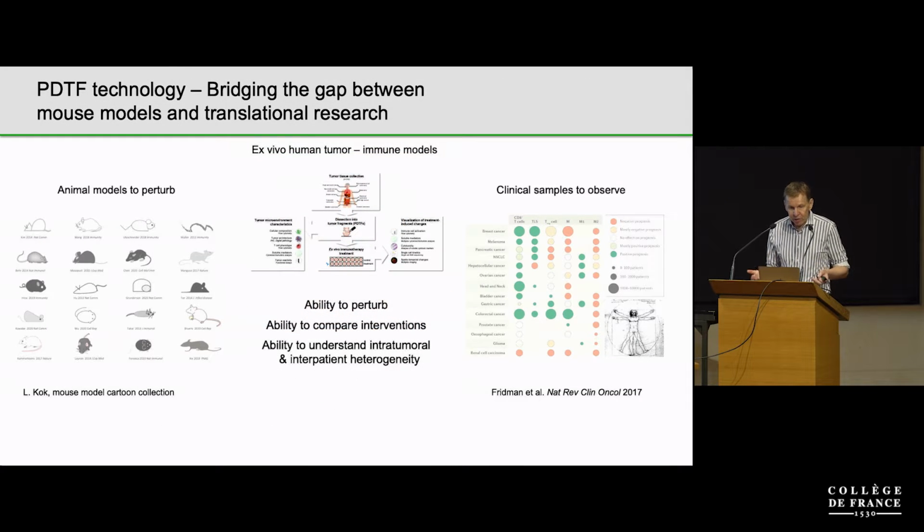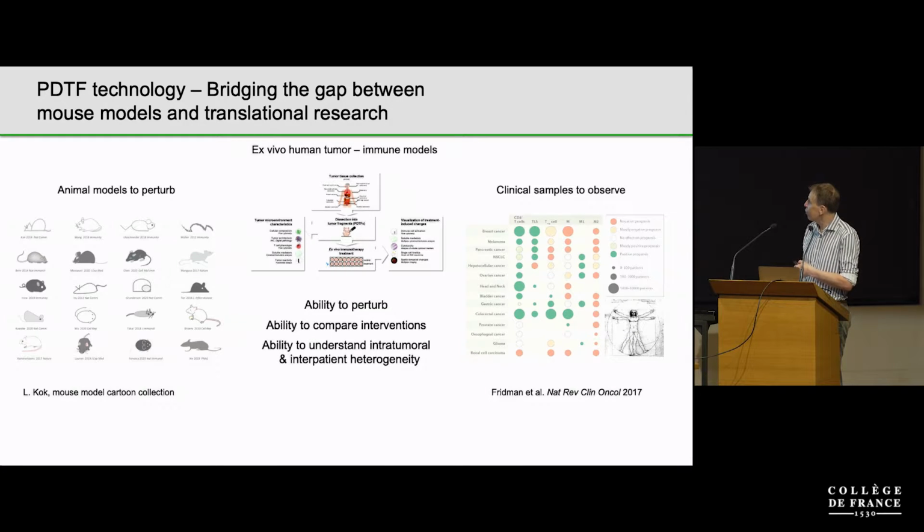For those kinds of reasons, we've developed this PDTF technology, trying to bridge the gap between mouse models and translational research. I think the mouse models are really great because of their ability to perturb the system, but obviously it's very hard to know for each individual mouse model which patient population it represents.